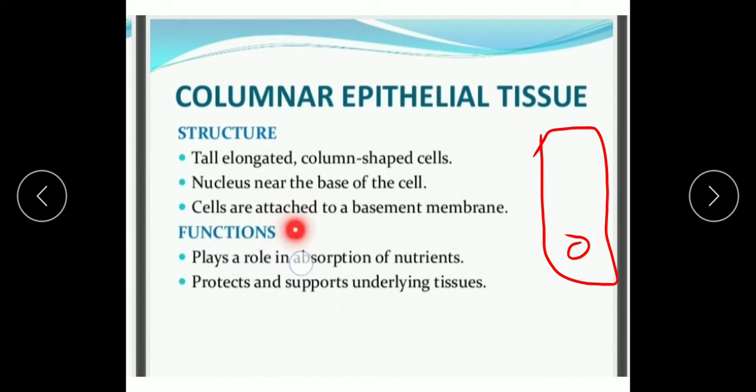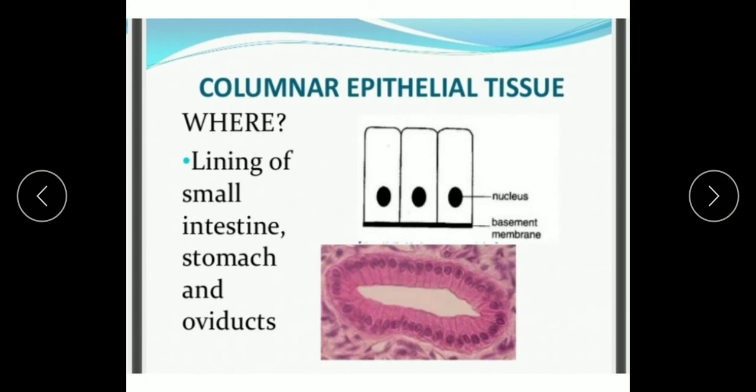The main function of the columnar epithelium is to play a role in the absorption of nutrients, and to protect and support the underlying tissues. Absorption and protection are the major functions of columnar epithelium. It is found lining the small intestine, stomach and oviducts: the inner lumen of the small intestine and the inner layer of the stomach and oviducts.